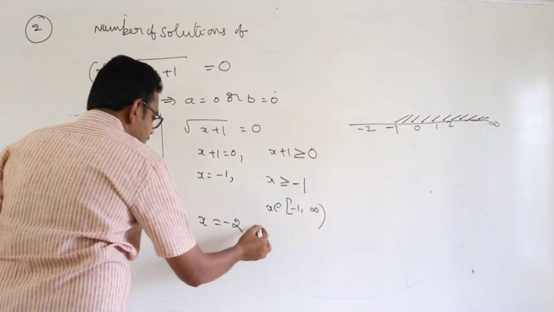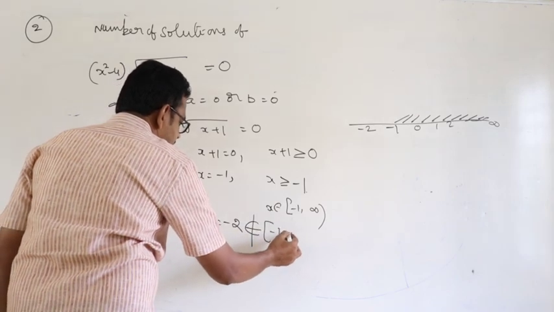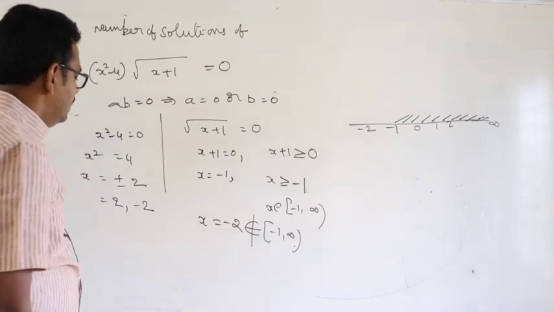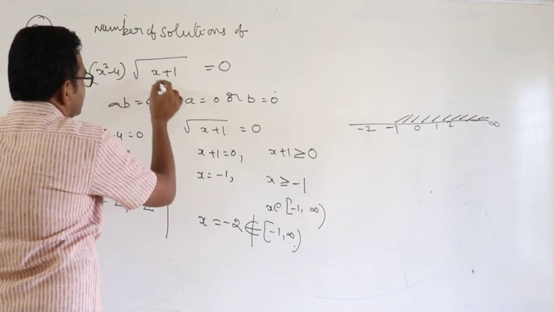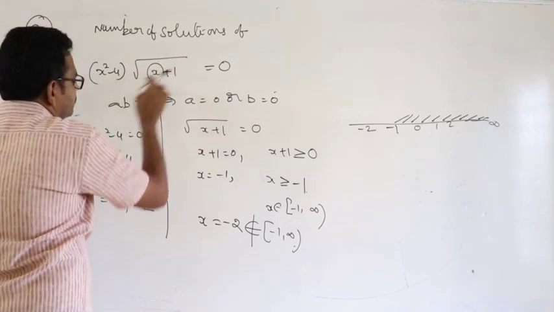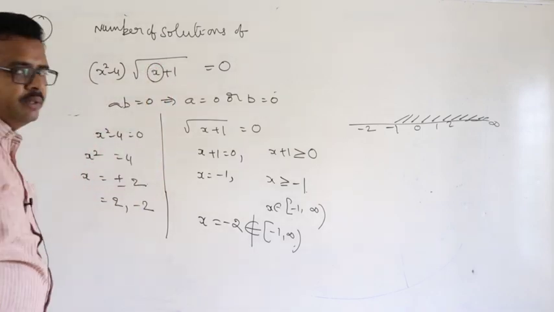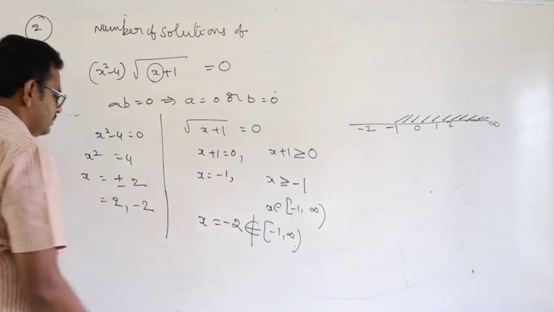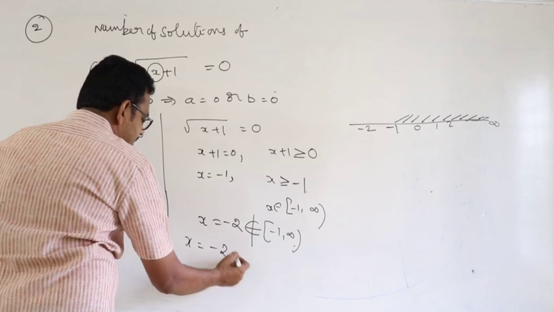x equal to minus 2 does not belong to minus 1 comma infinity. Or if you write x equal to minus 2, this becomes minus 2 plus 1, which is minus 1. Root of minus 1 is not defined. Therefore, x equal to minus 2 is rejected.